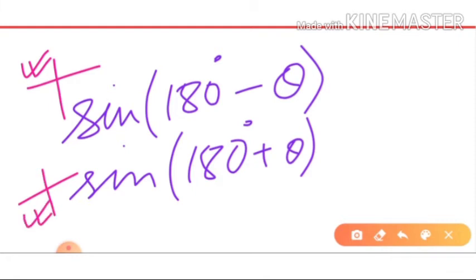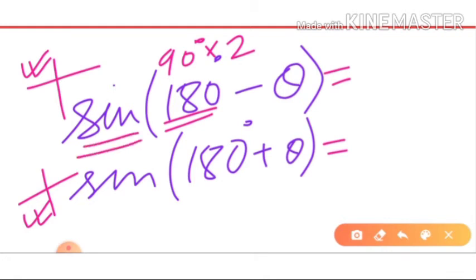Now this 180 is 90 into 2, an even multiple of 90. When it is an even multiple of 90, it does not change, so it will remain sine theta.